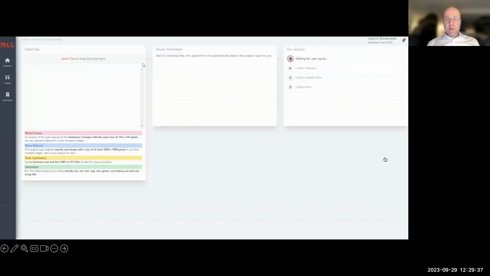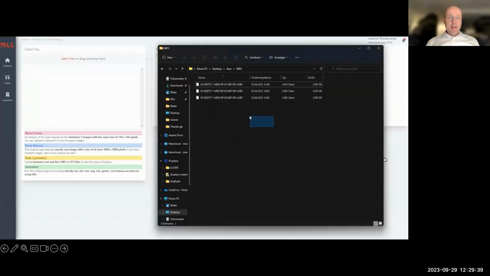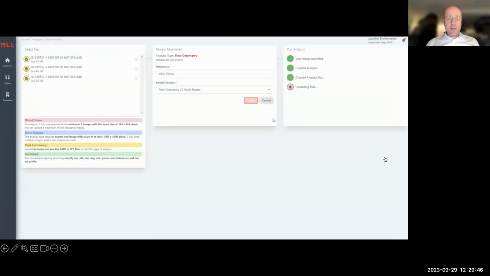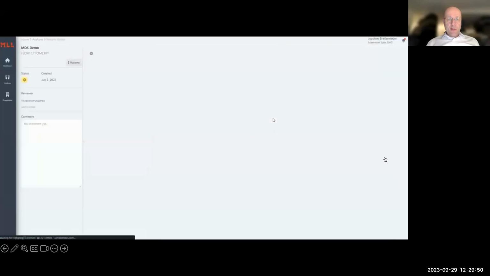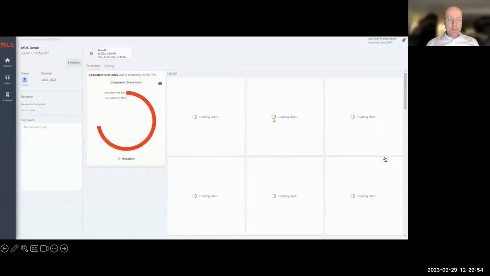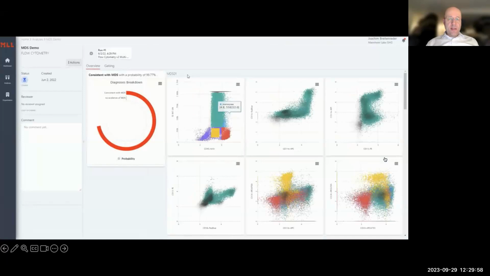This should be an example demonstrating how this can be managed. This will even be automated and fully integrated in our LIMS system. As you see here, the files were drawn into the app and analyzed for the presence or not of MDS.